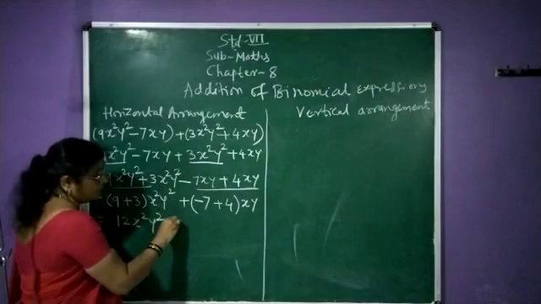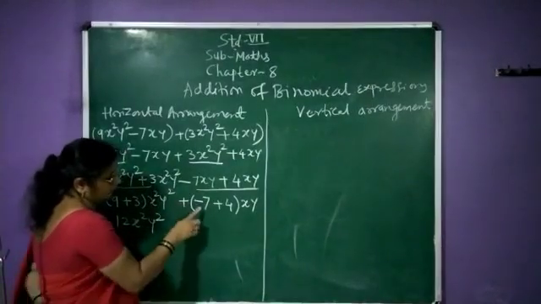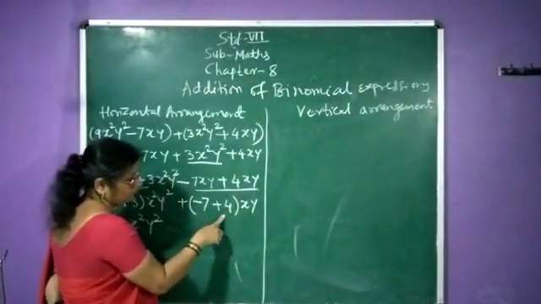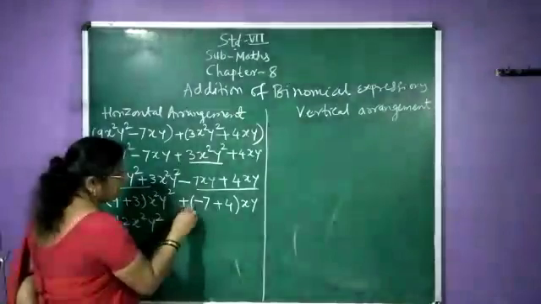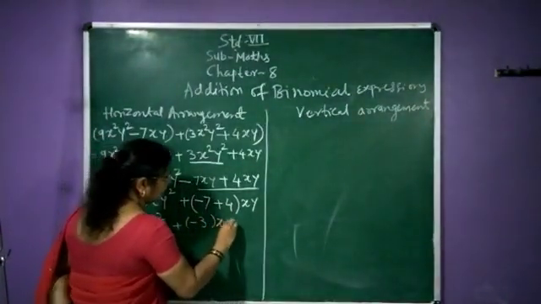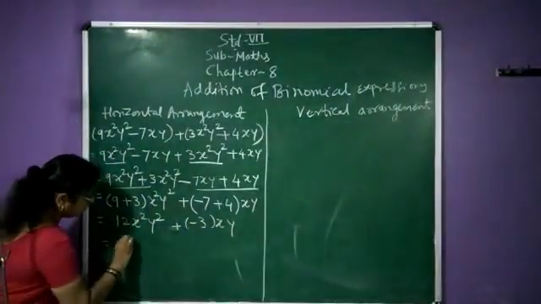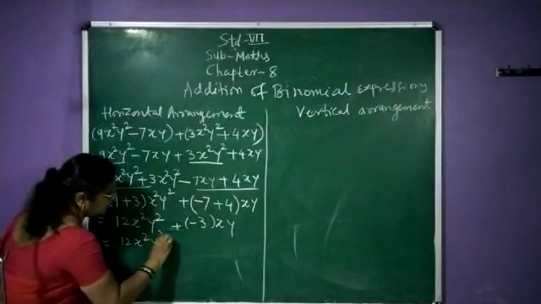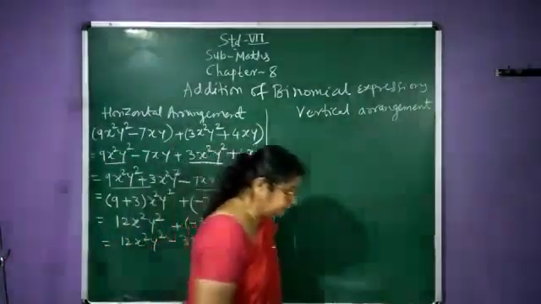Minus 7 plus 4, your answer will be minus 3, so again I write minus 3 into xy. So 12x square y square minus 3xy is the answer.